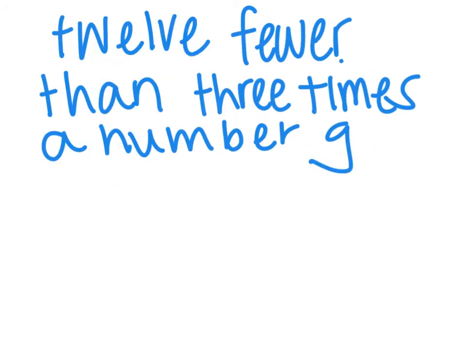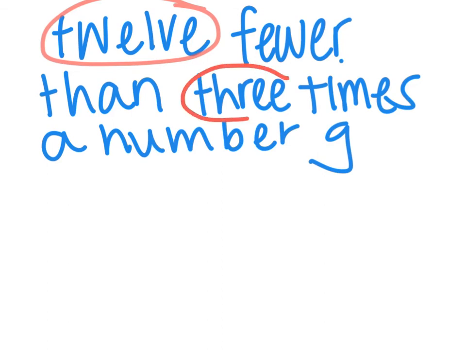Sometimes you will have a phrase that has more than one operation in it. So if I go through and think back to CUBES or our problem solving strategy, I'm going to circle my numbers. So I have 12, and over here I have 3, and then I have my variable g.